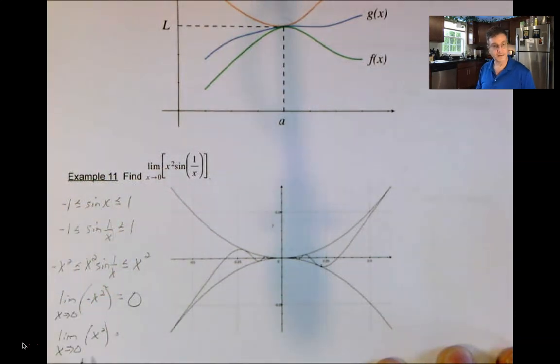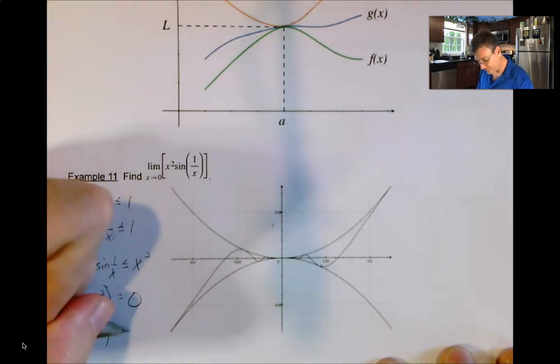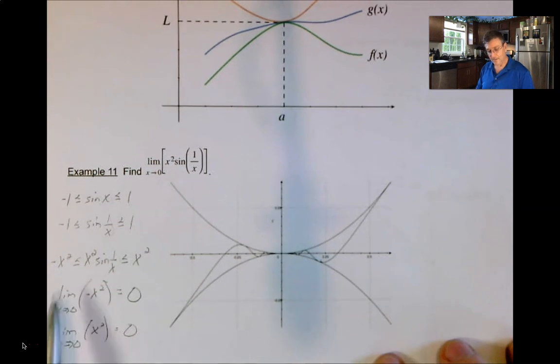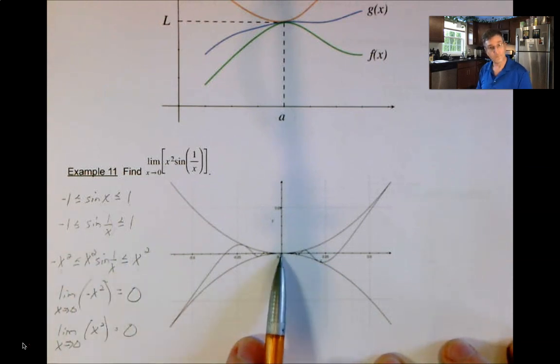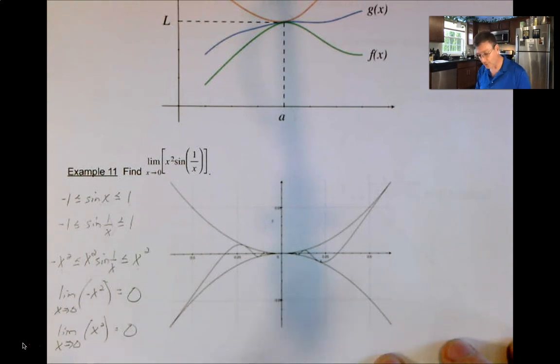Again, I can do direct substitution. That's 0. The limit of this one is 0. The limit of this one is 0. This one's always in between those two. That limit has to also be 0.